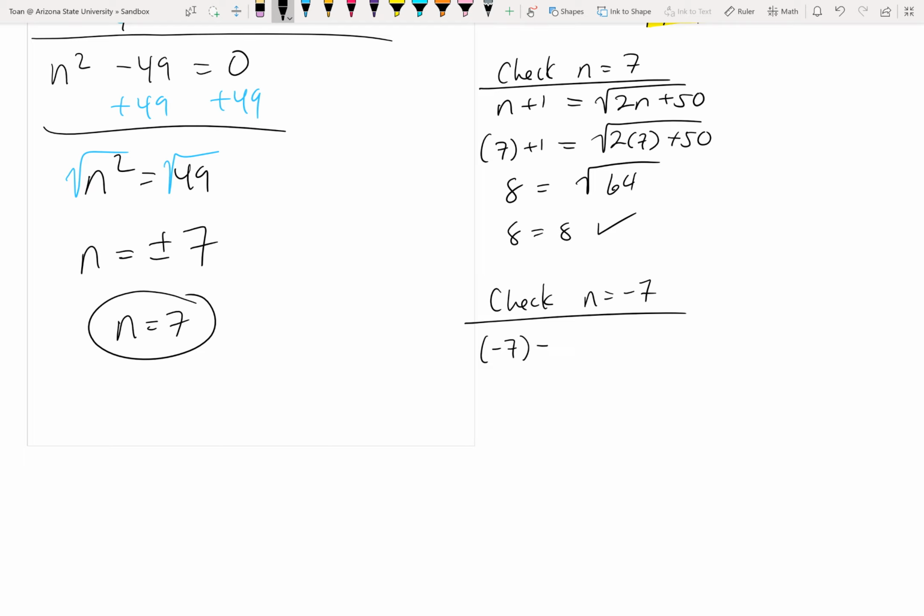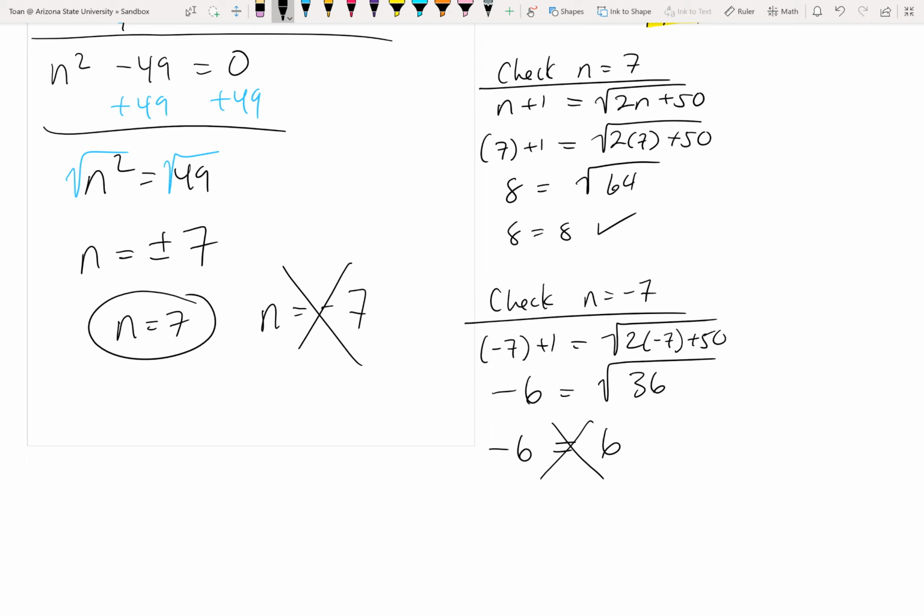That's negative 7 plus 1 equals the square root of 2 times negative 7 plus 50. That's negative 6. 2 times negative 7 is negative 14 plus 50 is 36. Negative 6 equals 6. That's a false statement. So I have to throw away the negative 7. That's bad. There's only one answer, a positive 7.